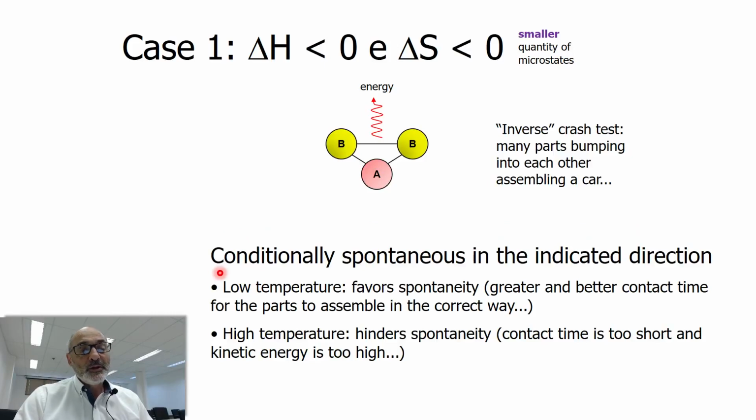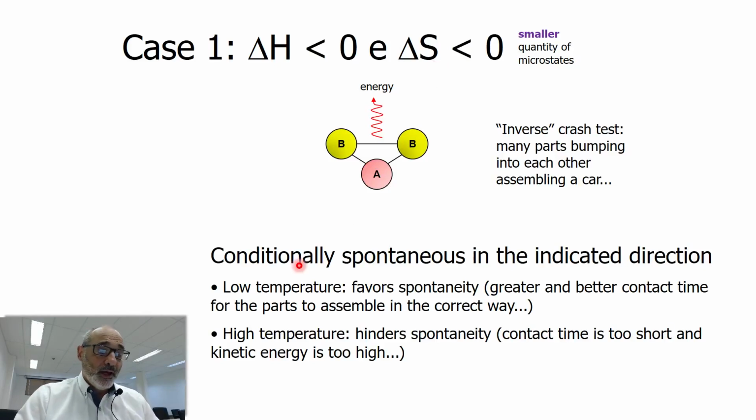At low temperature this may happen, because even though it's hard to imagine, they are approaching at low speed, so they probably have enough time to combine and form a lower entropy molecule.